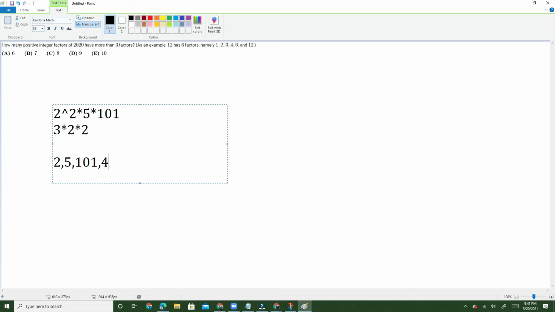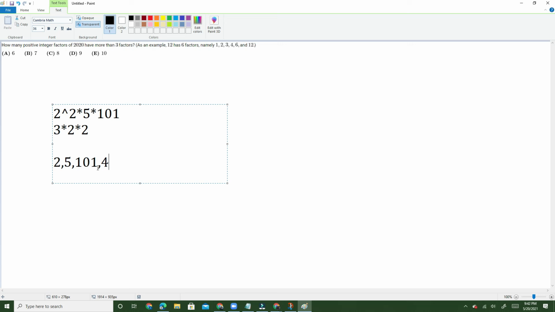The reason it's 4 is that 4 is the only square factor of 2020, because as you see in the prime factorization, it only has two 2's. So the only square in this case would be 4. And 4 doesn't have more than 3 factors. It only has 3: 1, 2, and 4. So we can include that in our list.